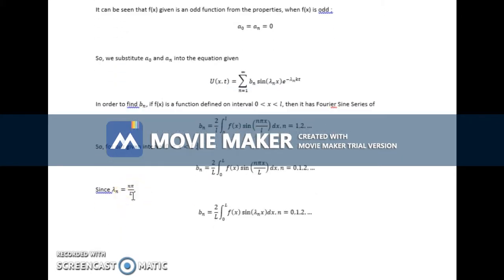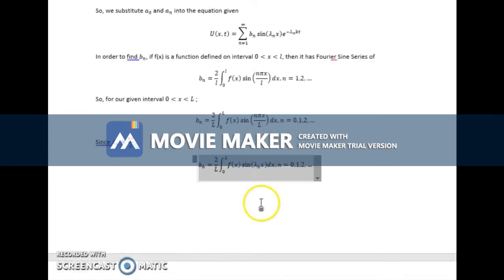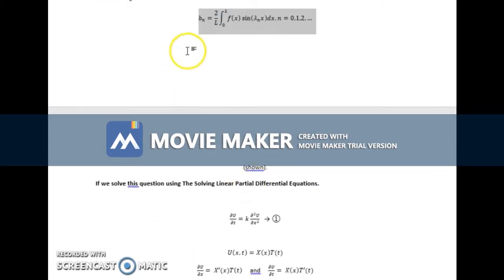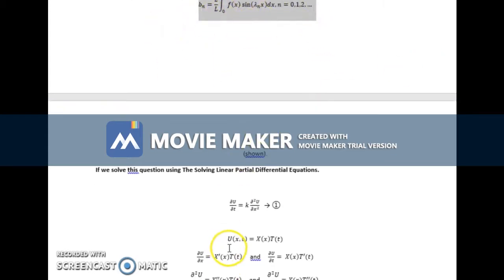We have our interval, which is x between 0 to L, so we get bn equal to 2 over L integrate 0 to L f(x) sine lambda n x in terms of x, where n equals 0, 1, 2, and so on. So we have shown that a naught equals 0 and bn equals this equation.